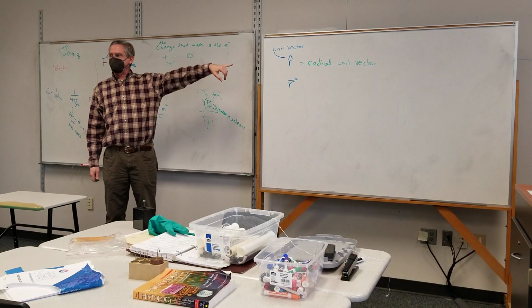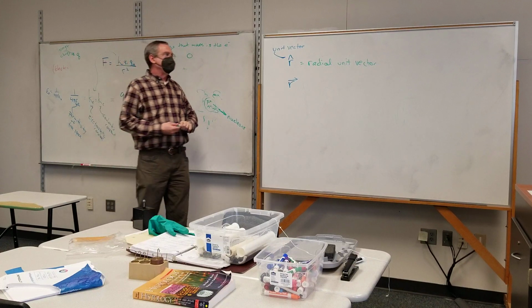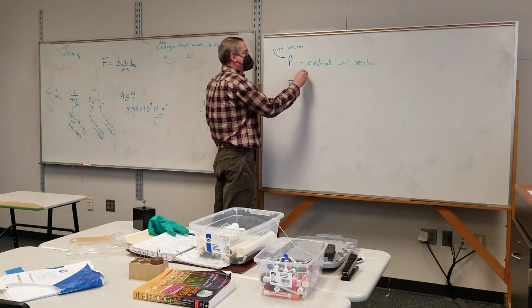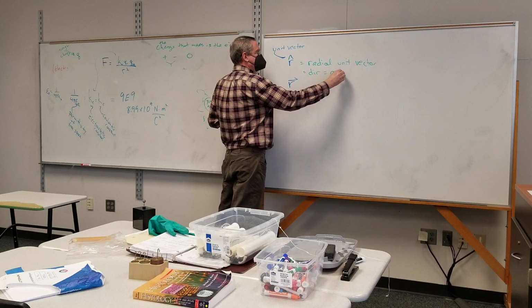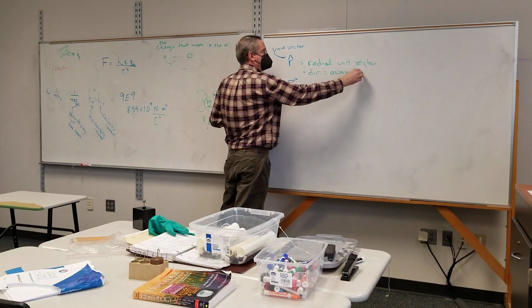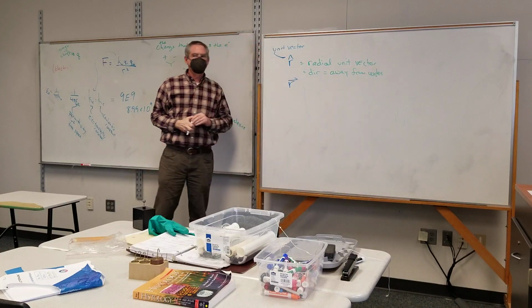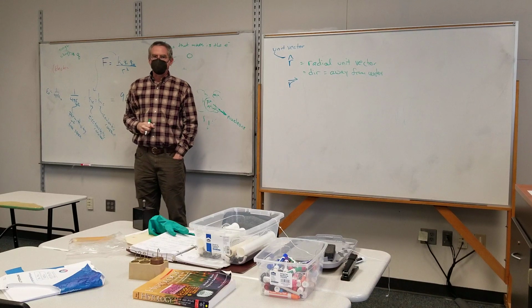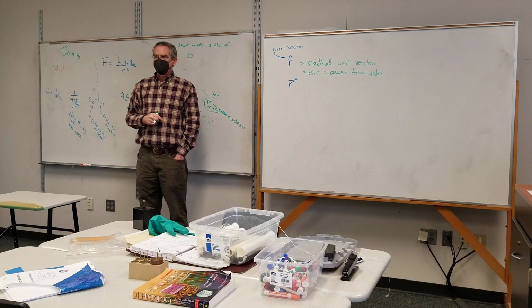With a radial unit vector, it points away from the center. Direction equals away from center. So if it was going towards the center, how would you indicate it? Negative? Yes.